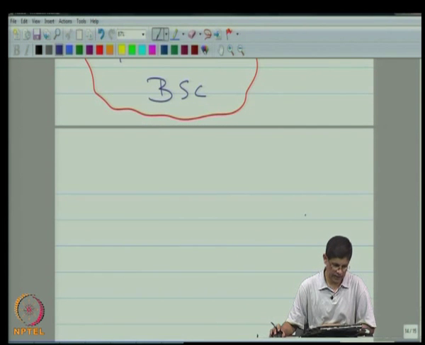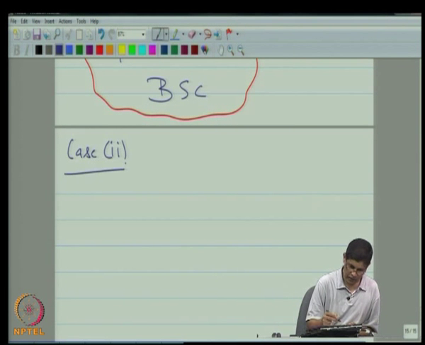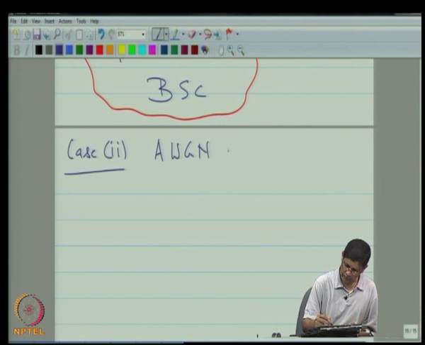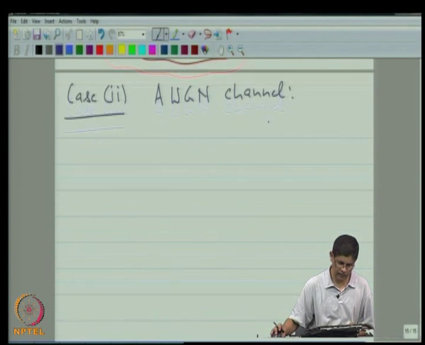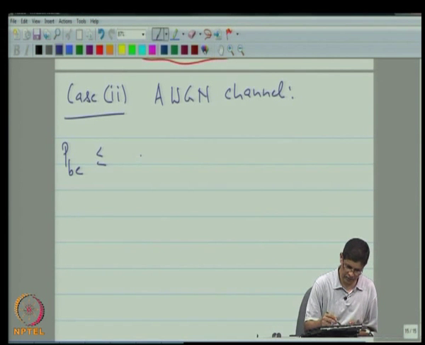All right. Then case 2, in the case of the AWGN channel, the probability of error expression is a little more complicated in terms of writing it down. It is in terms of the Q function.